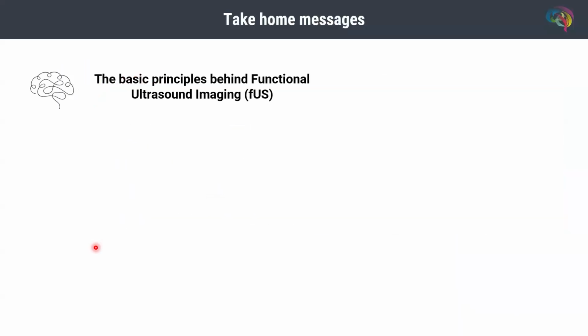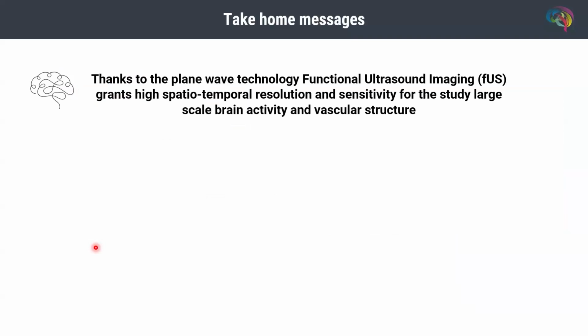So let's conclude. This is my last slide, and I want to leave you with some take-home messages. We said that we would talk about the basic principles behind functional ultrasound, and we have seen that thanks to the plane wave technology, functional ultrasound imaging grants high spatiotemporal resolution and sensitivity for the study of large-scale brain activity and vascular structure.